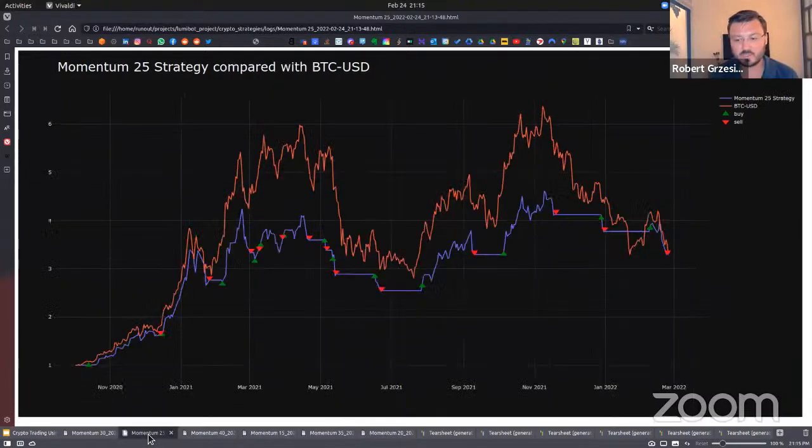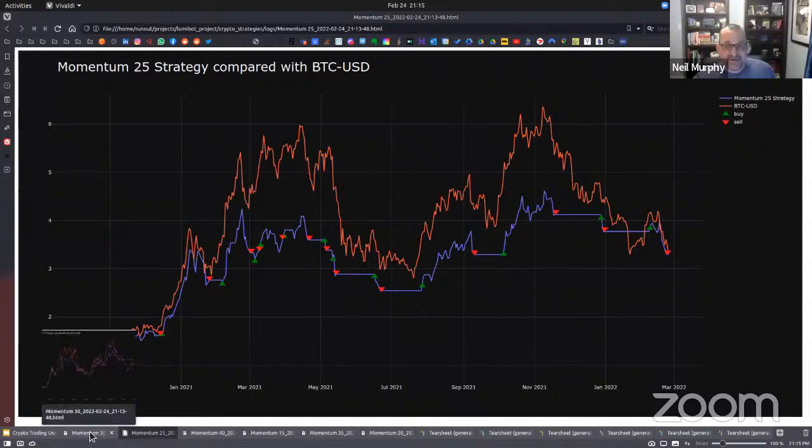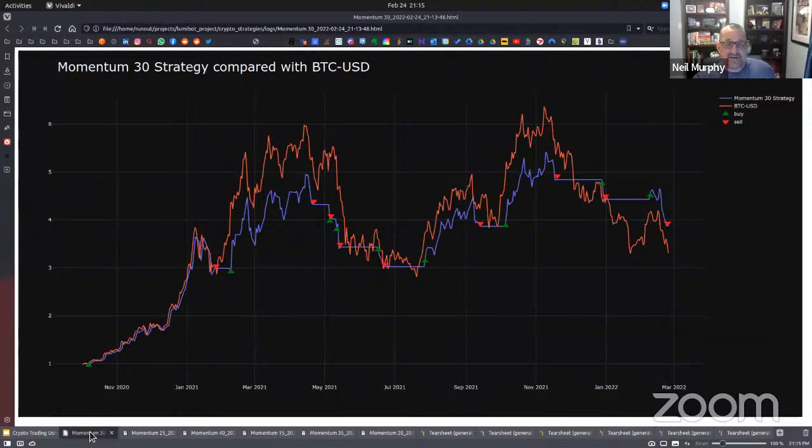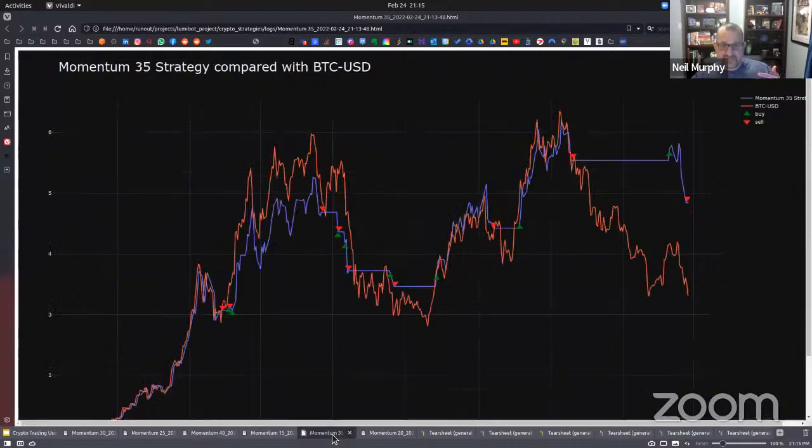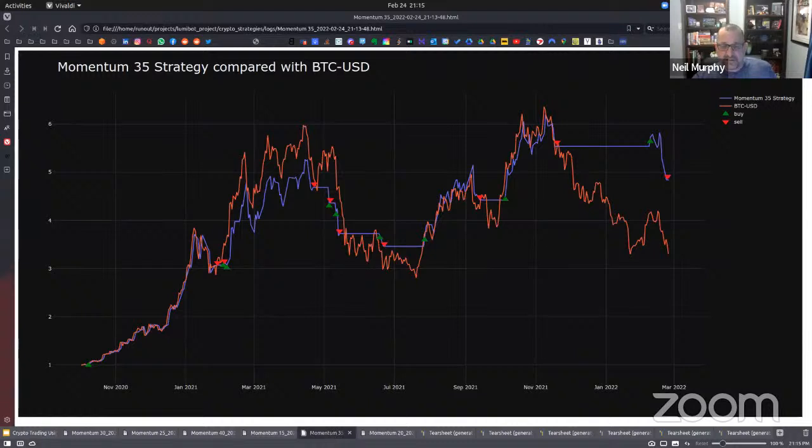The blue line is our strategy. 25. Yeah, 30. Now 30 is what's supposed to be the standard for this particular indicator, the awesome oscillator, and I think 32 is the standard, but you can see 40 is kind of nice. I think I skipped over 35 here. So it seems like 30, 35, 40 is a sweet spot.